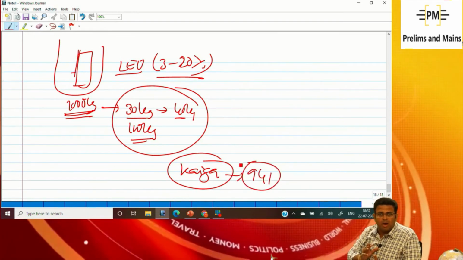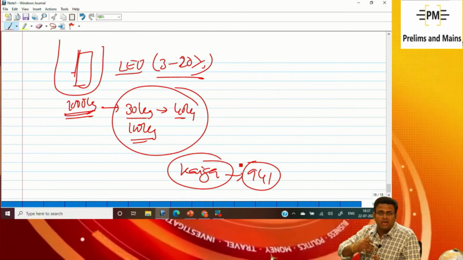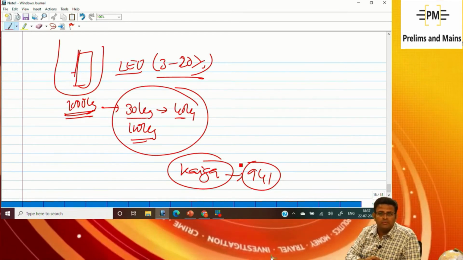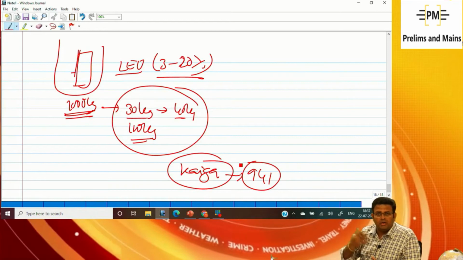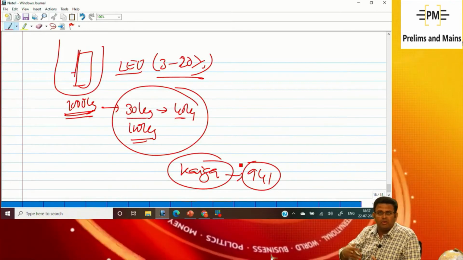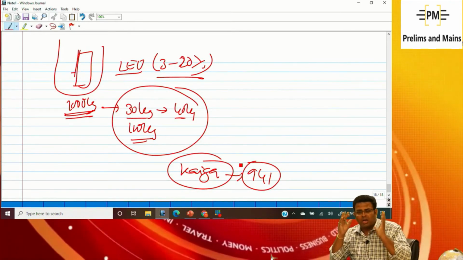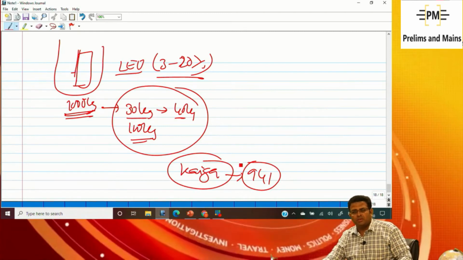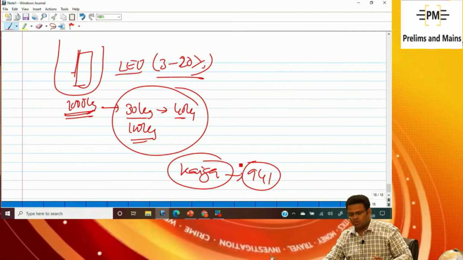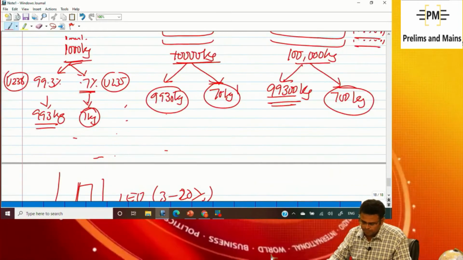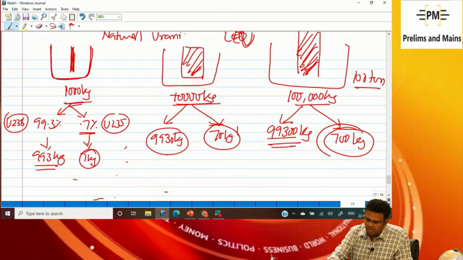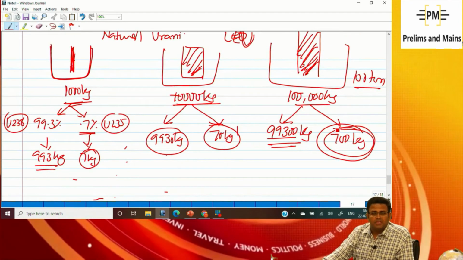This means the mass of uranium-235 in it is very high, and it keeps liberating energy. If I put a large amount of mass, then the uranium-235 will also be more, 700 kg.